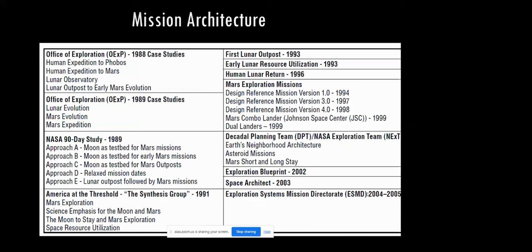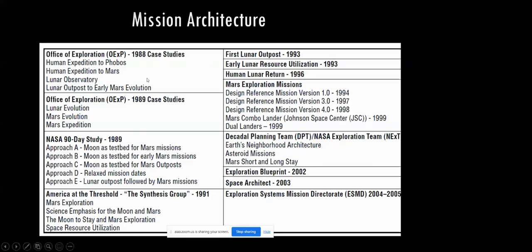So this is not the first time that NASA has tried to do this. We've been doing studies since at least 1988 and probably before that, in the 1950s and 1960s under Wernher von Braun and others, and even before Wernher von Braun. There have been many studies done. Arguably, Jules Verne was one of the first ones.